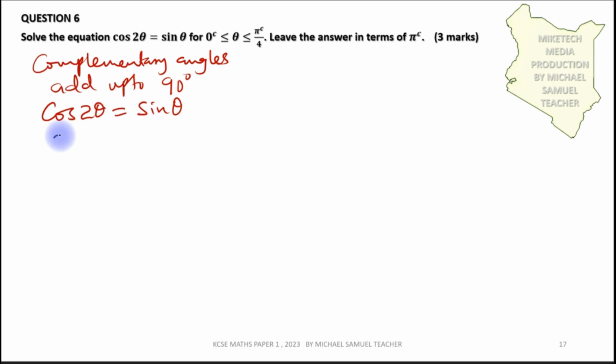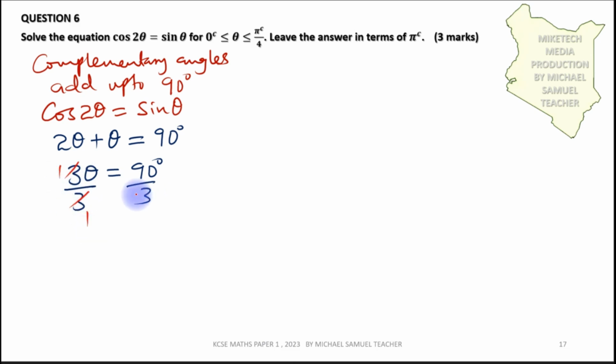In other words, 2 theta plus theta will add up to 90 degrees. So 3 theta will be equal to 90 degrees. Therefore, divide by 3, divide by 3. We get 30 degrees.